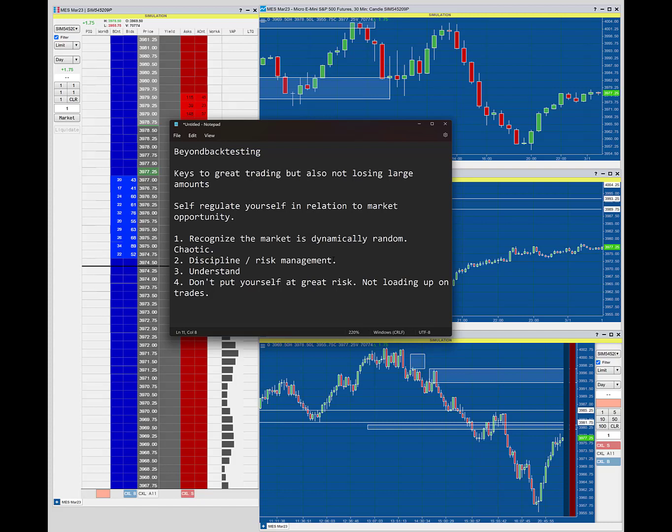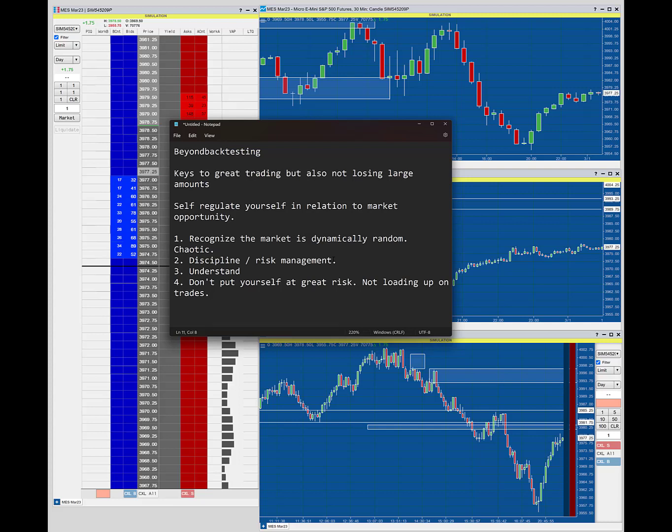In any trade, everybody can see what's happening. Everybody can trade it, but you'd probably find very different results from different traders because of how they manage the risk and how they regulate themselves.